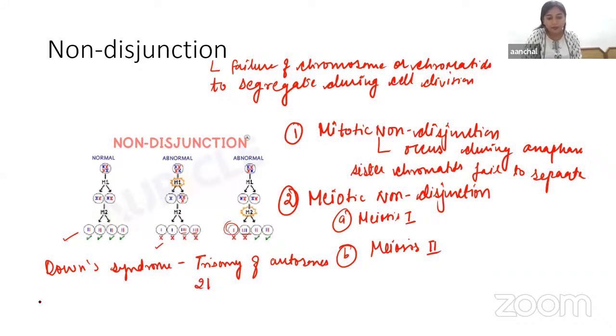Then one more example is Patau syndrome. In Patau syndrome, again trisomy at the 13th chromosome. Then one more is Klinefelter syndrome.